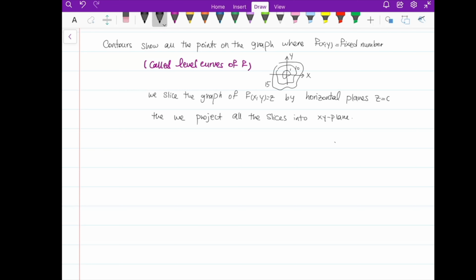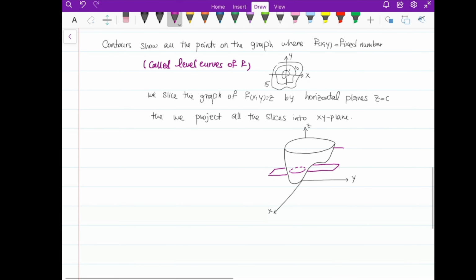Just assume that we have the surface of a graph like this, and this is the z-axis, this is the x-axis, and for example this is the y-axis, and then we basically slice it with this plane, and this is the slice.